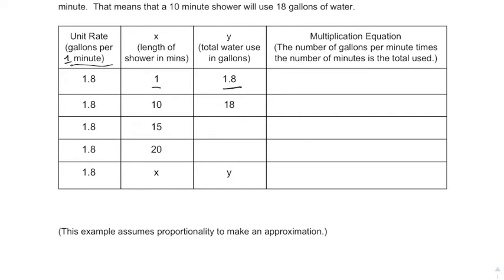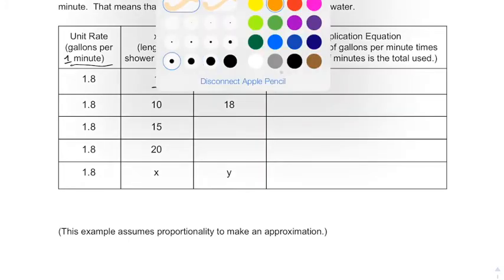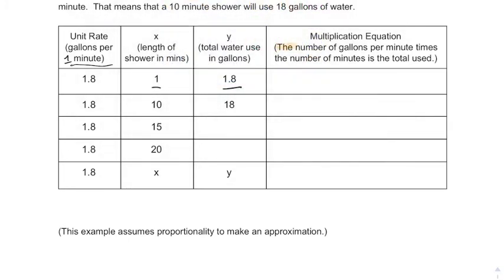It won't always say per 1 minute, but if it says per minute, they're talking about 1. So the number of gallons per minute times the number of minutes is the total used.